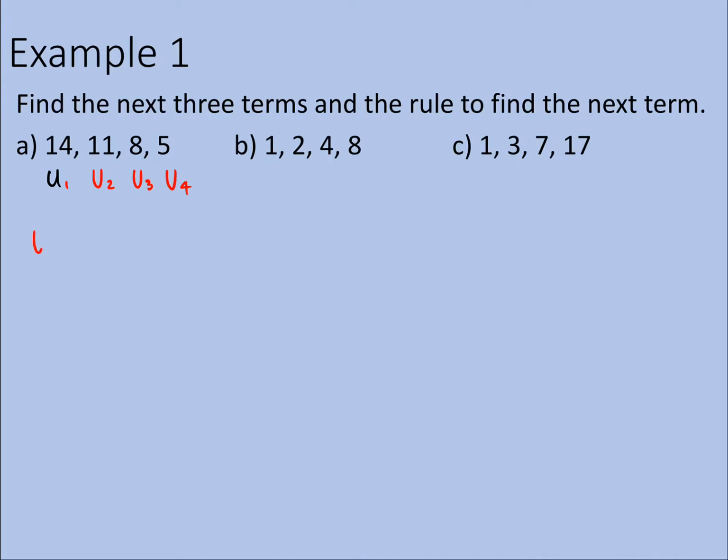So u5 is just going to be 5 take away 3, which is 2. u6 will be 2 take away 3, which is -1, and u7 is -4. Okay, and then just writing down the rule, we need to subtract 3 from the previous term.